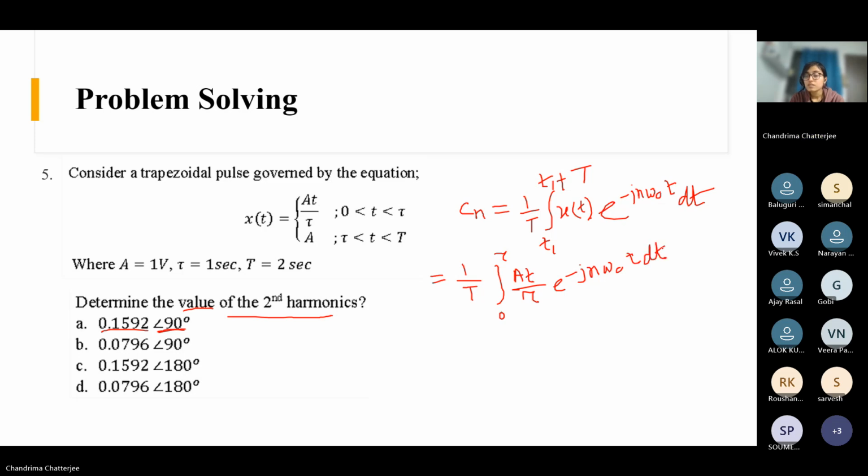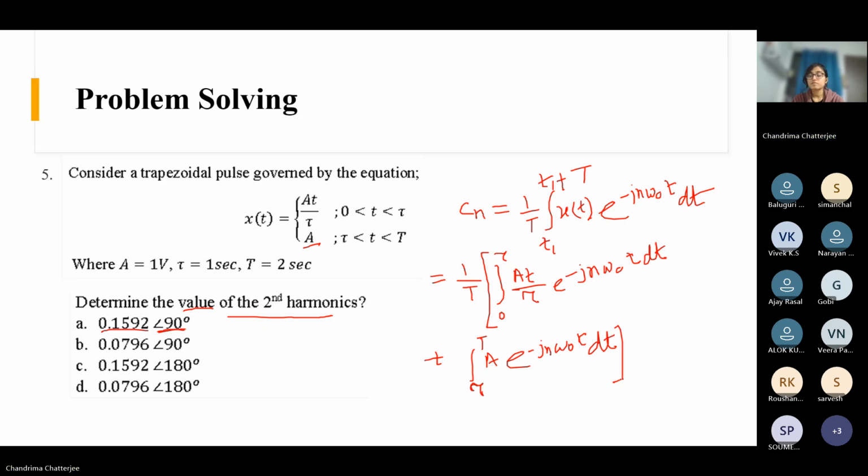Okay. Then this is in the interval 0 to tau. After that, we have the interval tau to capital T, where the value is A. A times e to the power minus j n omega naught t dt.